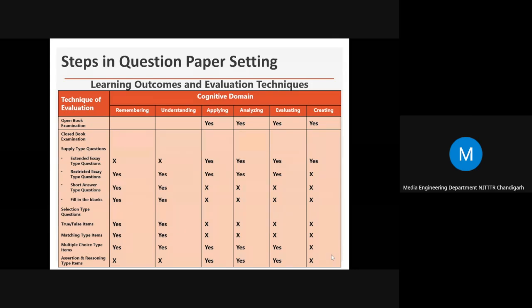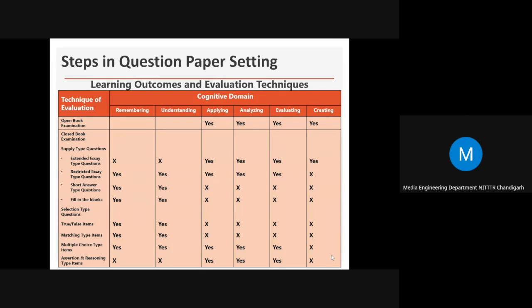So in closed book examination, under supply type questions, you can see that extended essay type questions are suitable for the higher order abilities, but we should be able to give sufficient time.